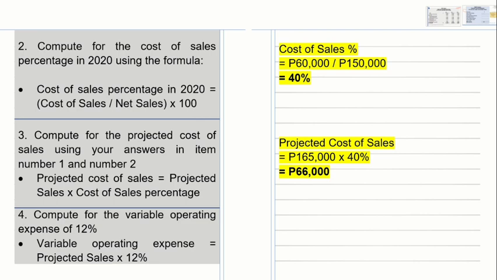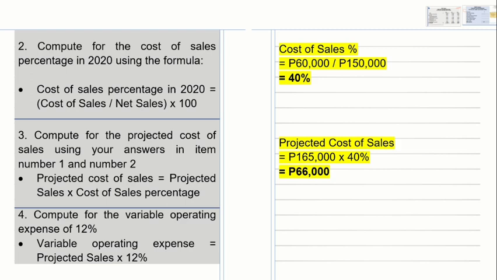The next is to compute for the variable operating expense. So, ang atong gi-assume is 12% of our projected sales will be our variable operating expense. If you could remember, ang variable costs, diba? These are costs that vary with our sales or level of production.